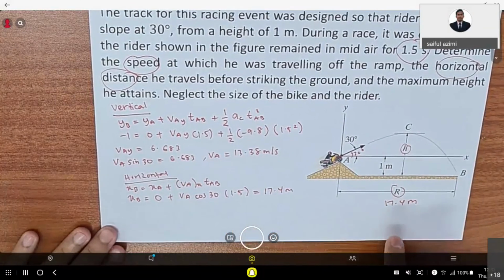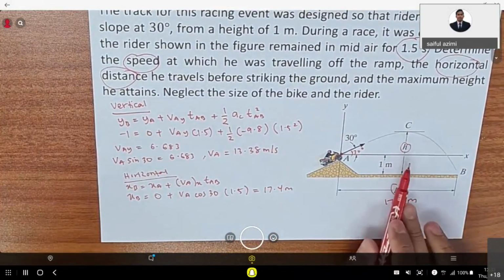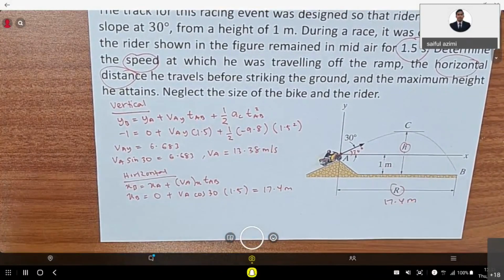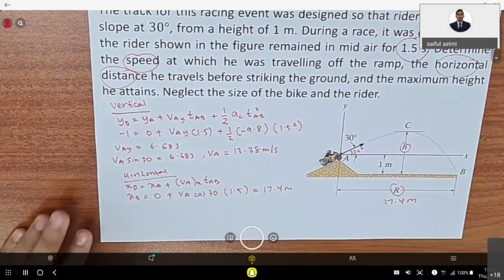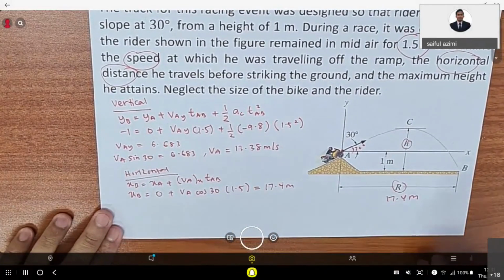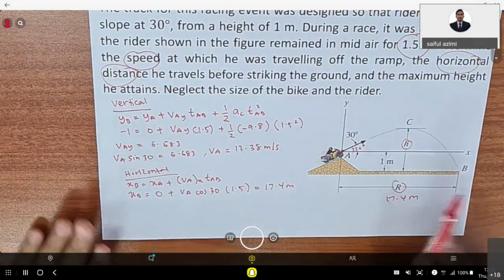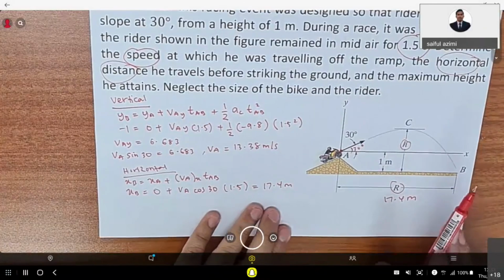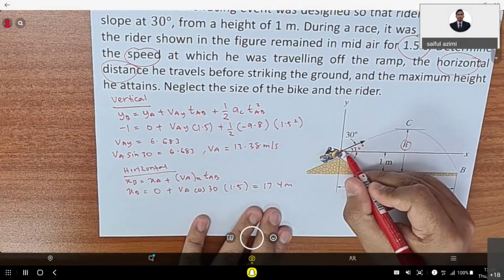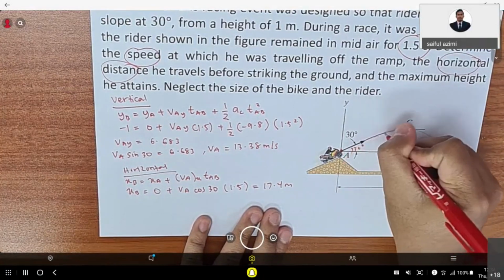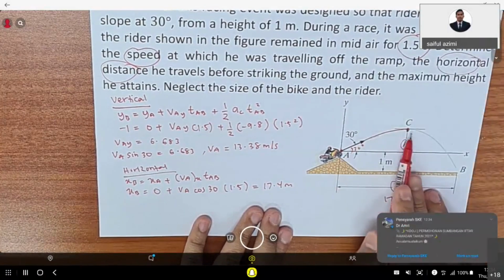And then next we wanted to find the maximum height H here. So how do we find it? To find this maximum height, we can use another equation, the third equation of the kinematics. To solve this problem, you only need to consider the motion from the origin until it reaches the maximum height, from A to C only.